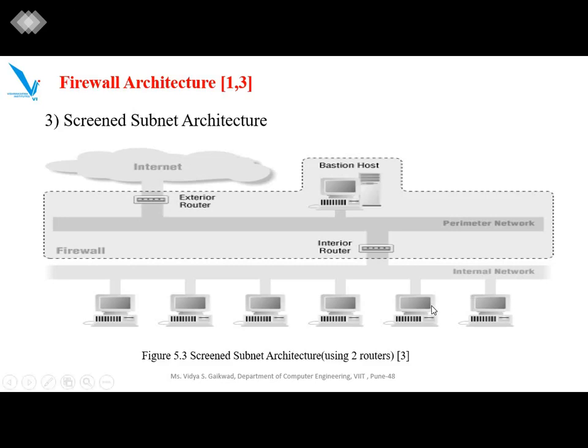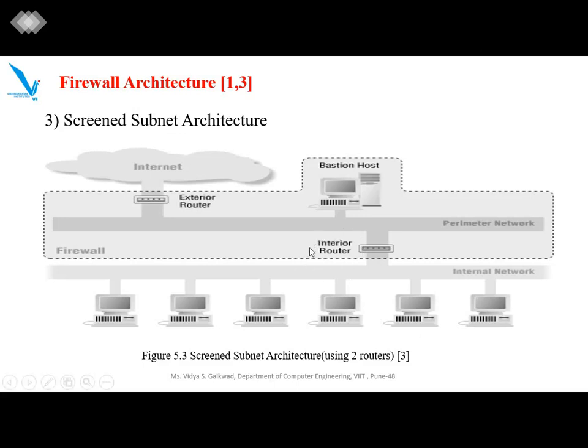So each of these routers is connected to the perimeter network. See, in the perimeter network there are two routers, exterior router and interior router. One router is installed between the internal network and the perimeter network.